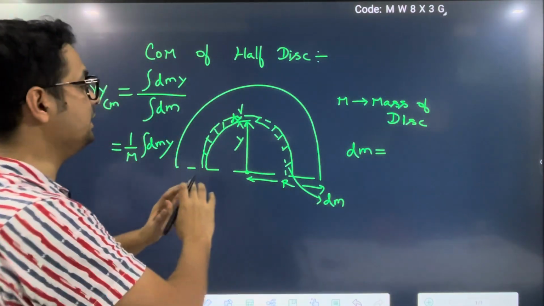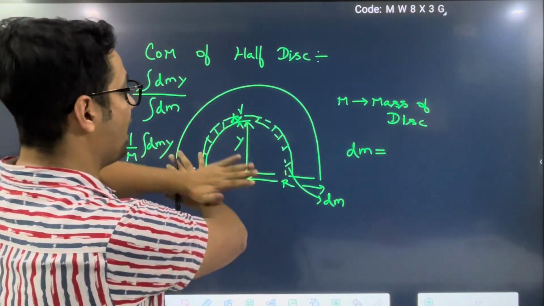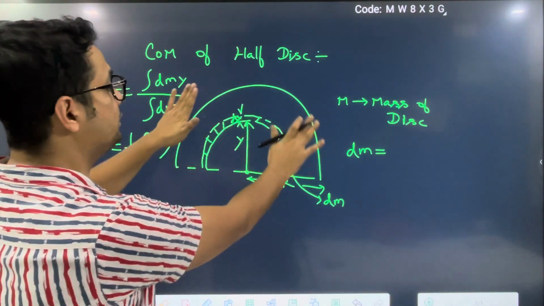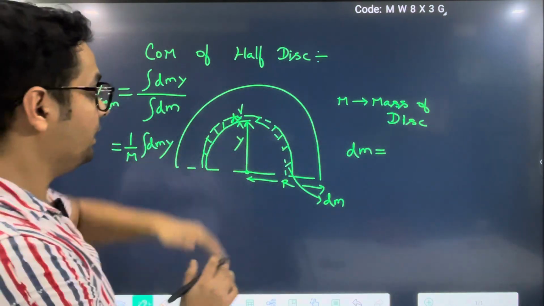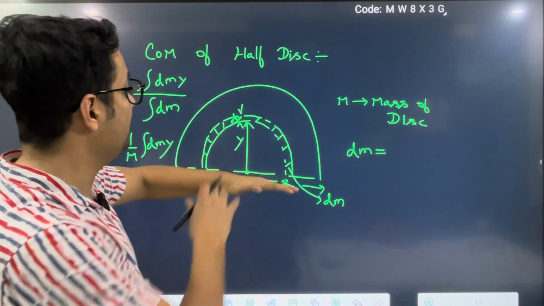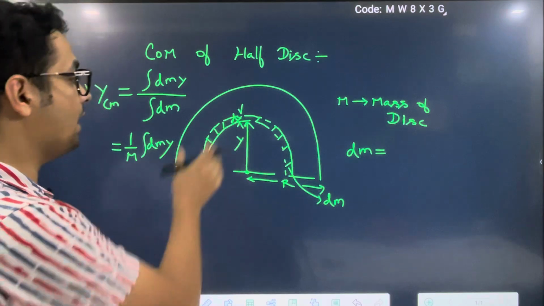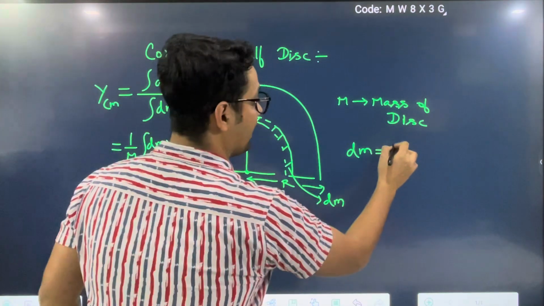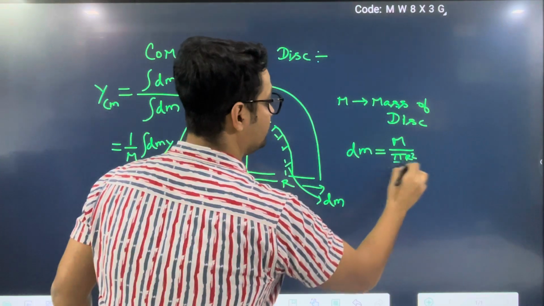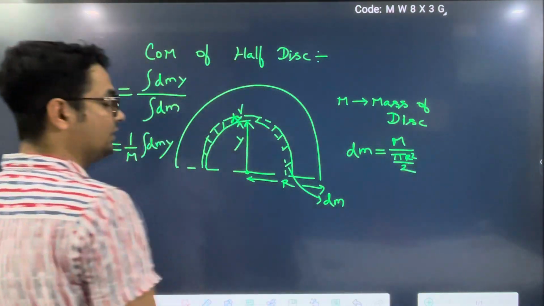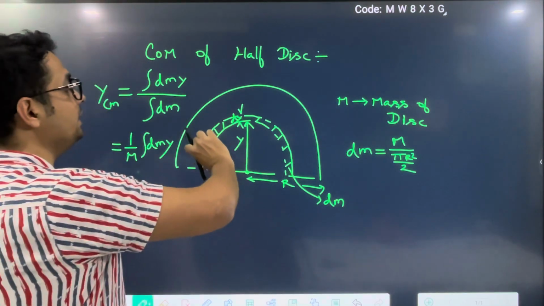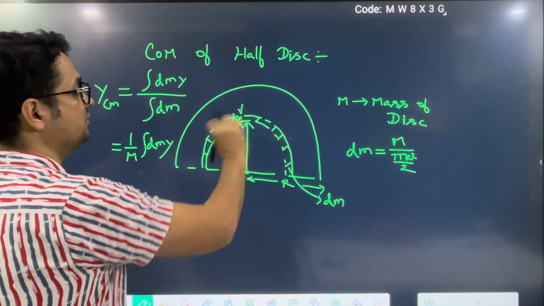The total mass of this half disk is M, uniformly distributed over its area. Because a complete disk has area pi r square, the half disk area will be pi r square by 2. So mass per unit area will be M divided by pi r square by 2. Now I have to find the mass on this strip area.